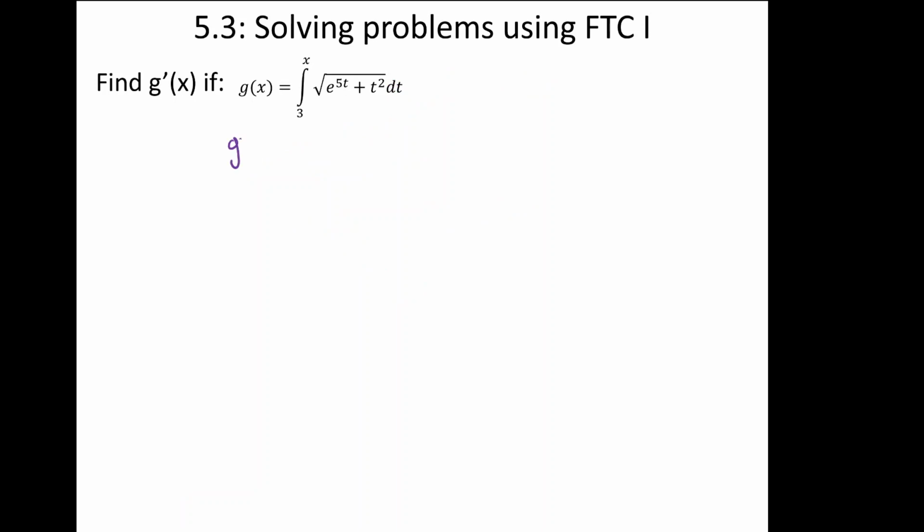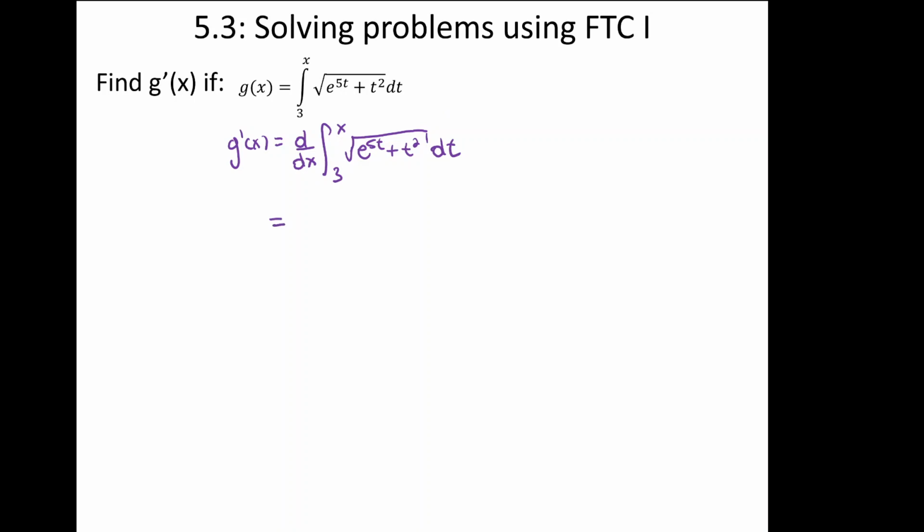We want g prime. So g prime of x is going to be the derivative d by dx of the antiderivative from 3 to x of the square root of e to the 5t plus t squared dt.